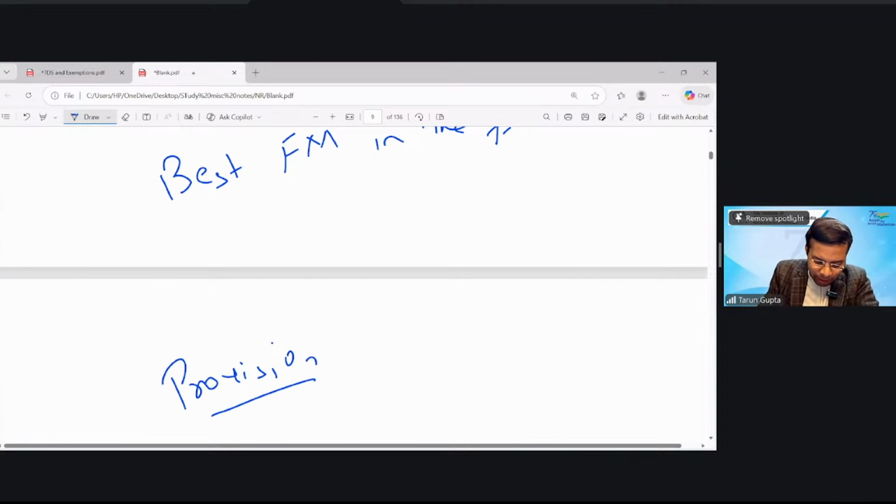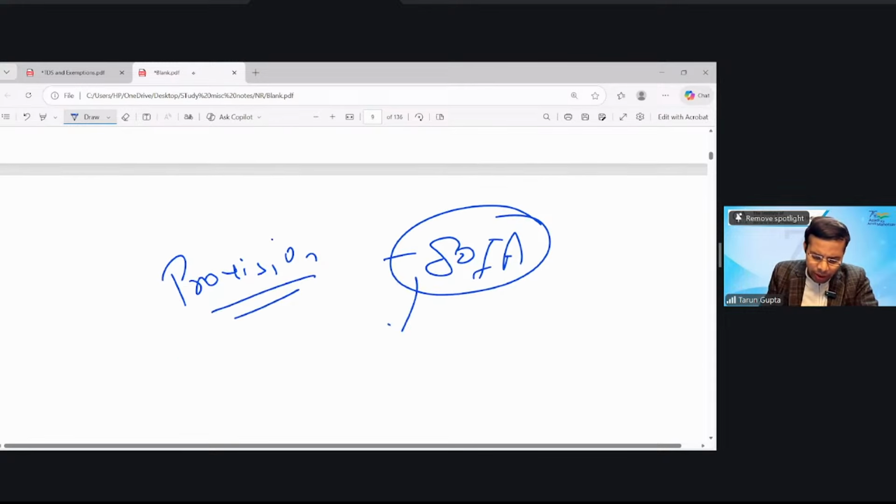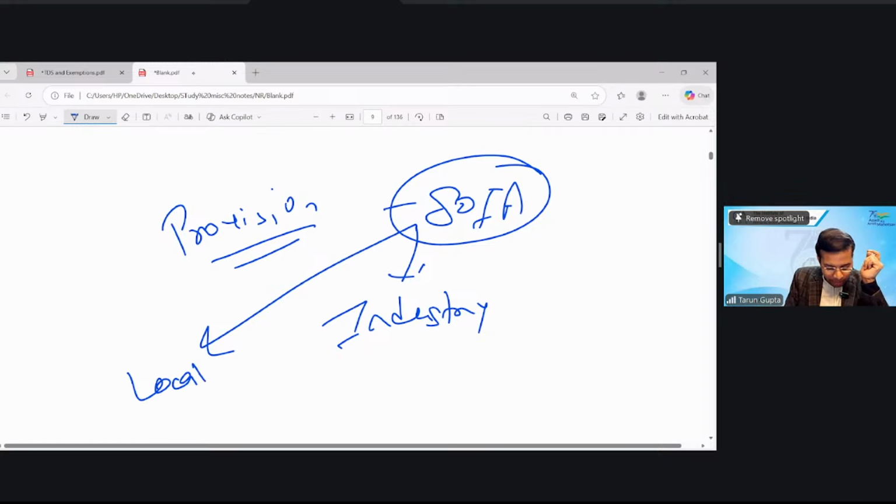What he did, he introduced a single provision, section 80 IA, which gives a tax holiday to a person who sets up an industry in a backward area. So by an income tax provision, Mr. Manmohan Singh could tackle the local crime, poverty, terrorism in that area.